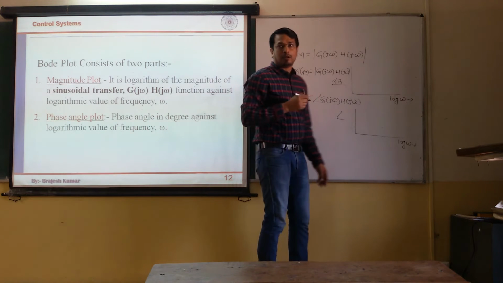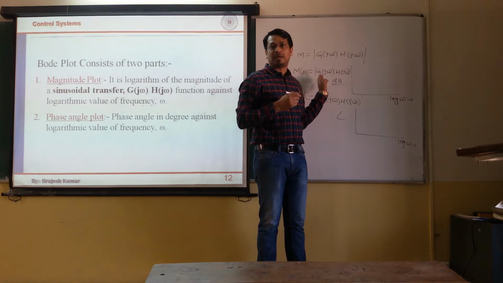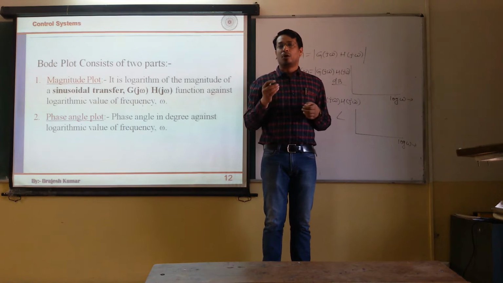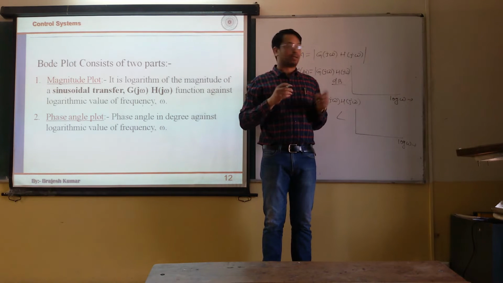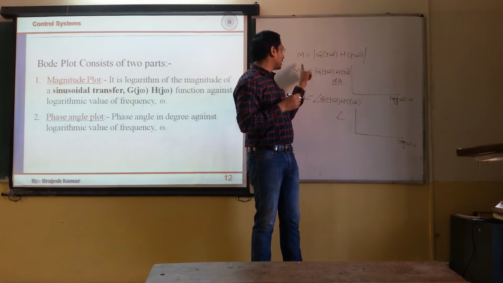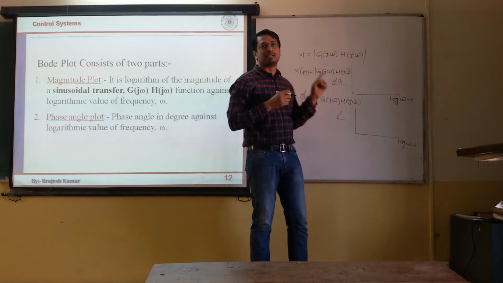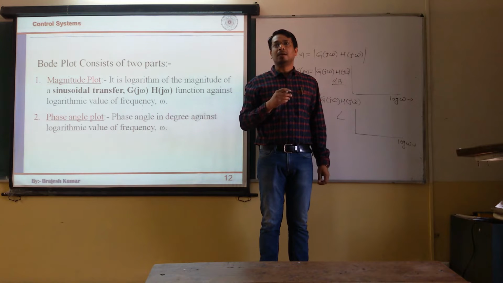You know that when you have to define it in decibel, you will take the logarithm with base 10. Means if you are going to define capital M in dB, you will say it is 20 log base 10 of m.